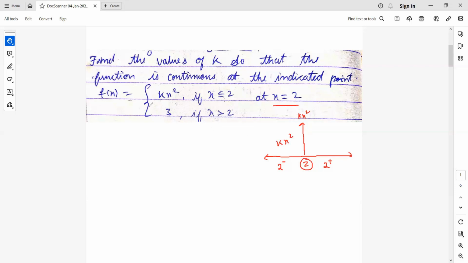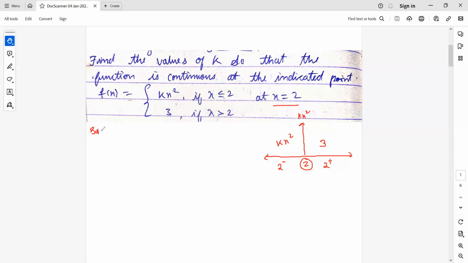It is defined in three ways. In the third case, f of x is equal to 3 when x is greater than 2, so x is greater than 2 means 2 plus. In this case the value will be equal to 3. If you draw this rough figure, there will be no confusion, and using this figure, now we will solve this question.